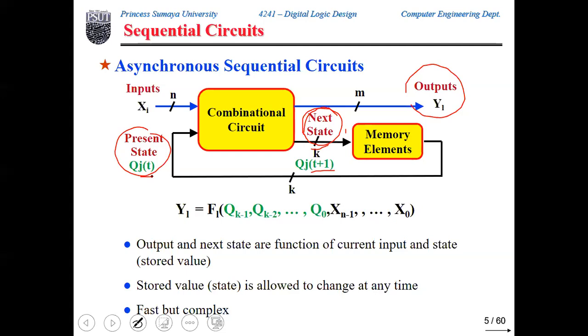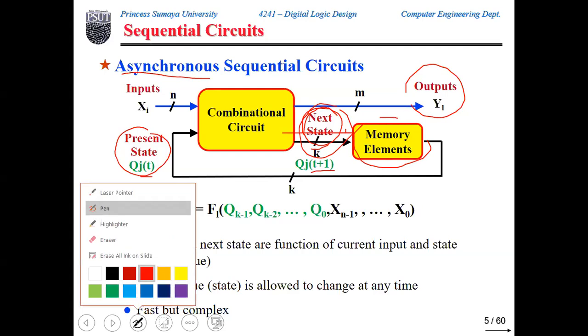Now, however, we said that the sequential circuits are of two types, the asynchronous type and the synchronous type. And the main difference between these two types of sequential circuits is basically the timing, or basically when do we allow the new value to appear or to be stored in the available memory or in the available storage.